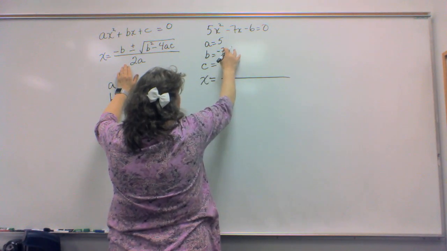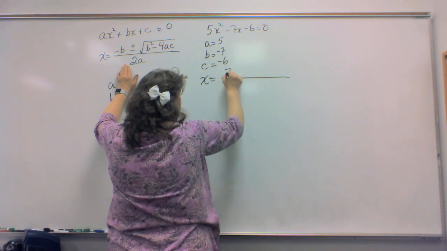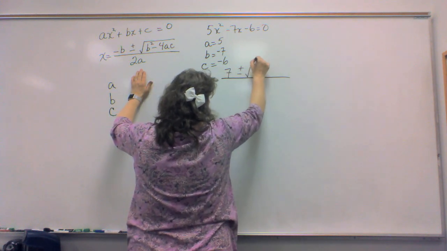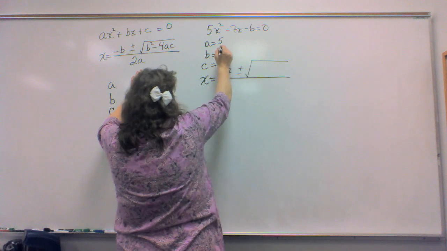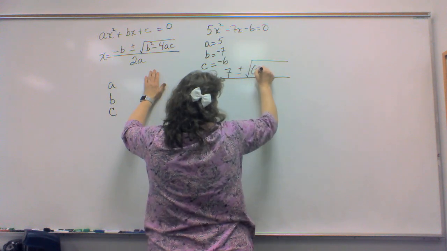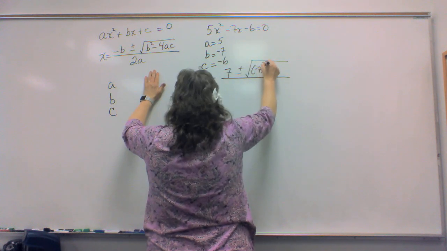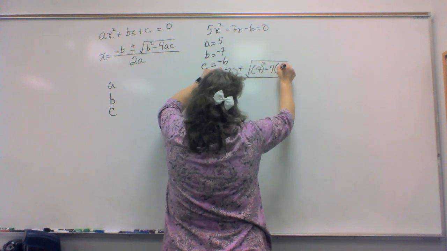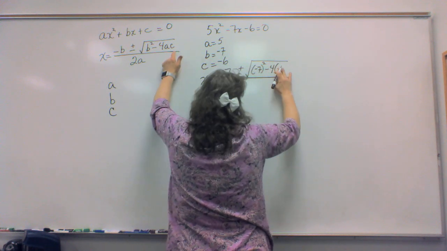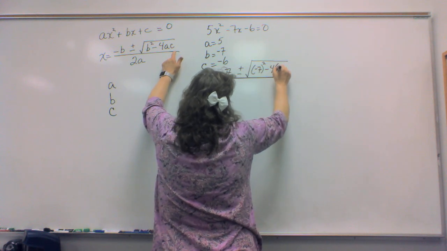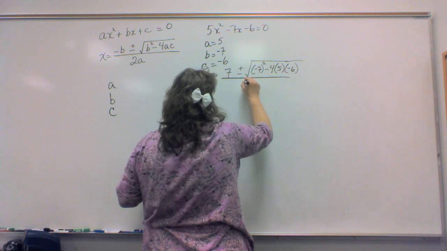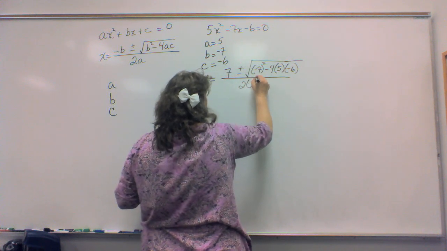Well, if this is negative 7, the opposite of negative 7 is a positive 7, plus or minus the square root of negative 7 times negative 7, it has to multiply times itself, minus 4 times a, which is 5, times negative 6, all over 2 times 5.